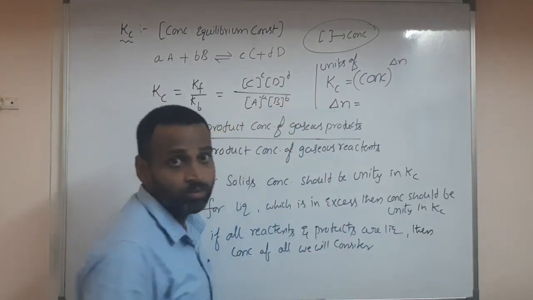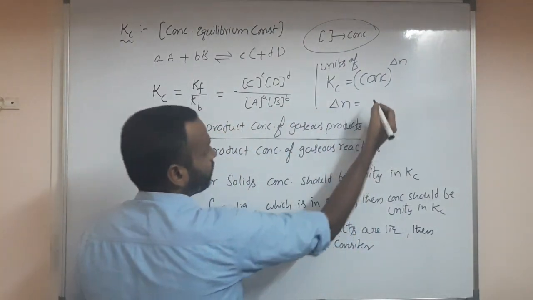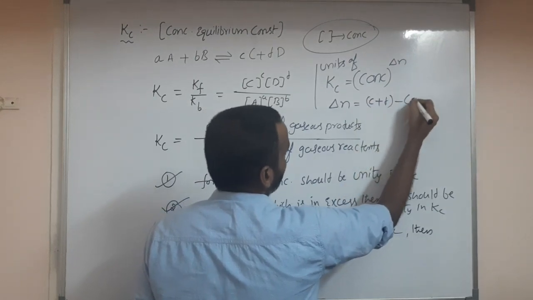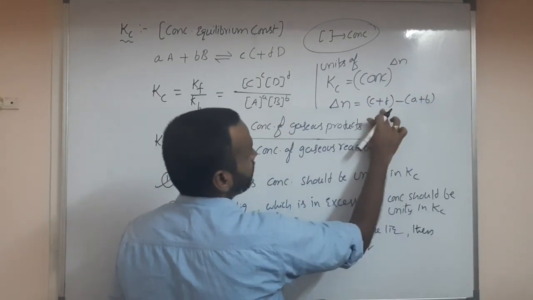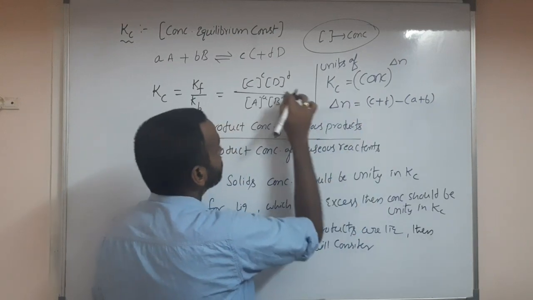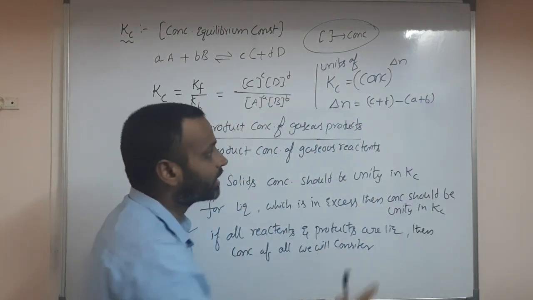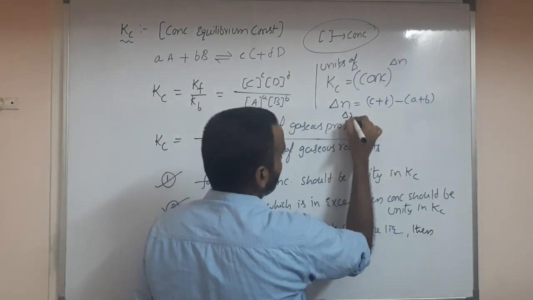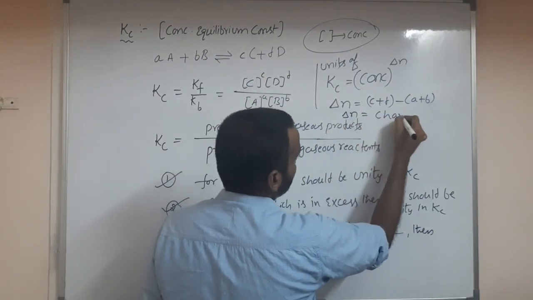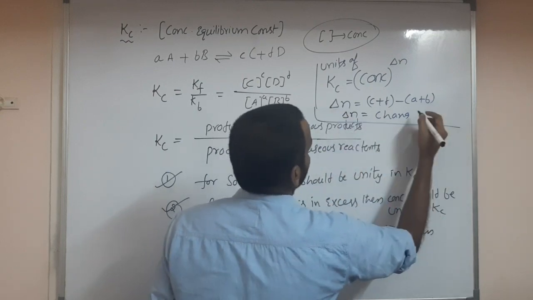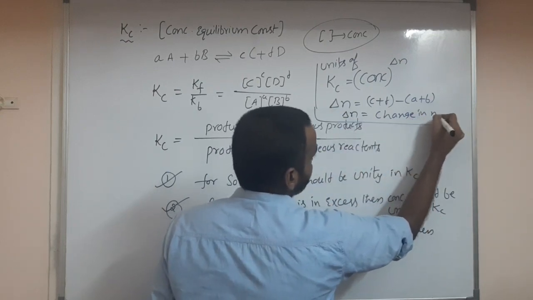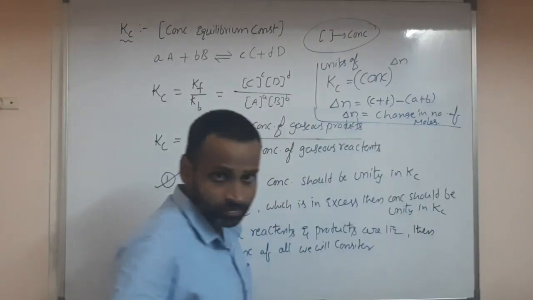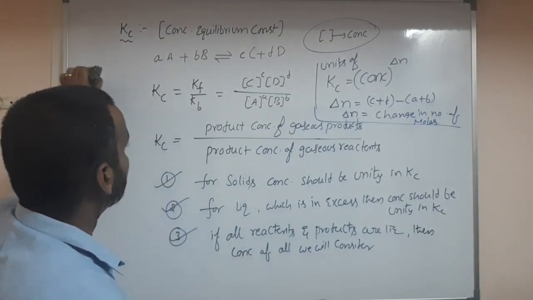Change in number of moles, that is (c plus d) minus (a plus b). Small c and small d are product moles, and small a and small b are reactant moles. So delta n is simply the change in number of moles.